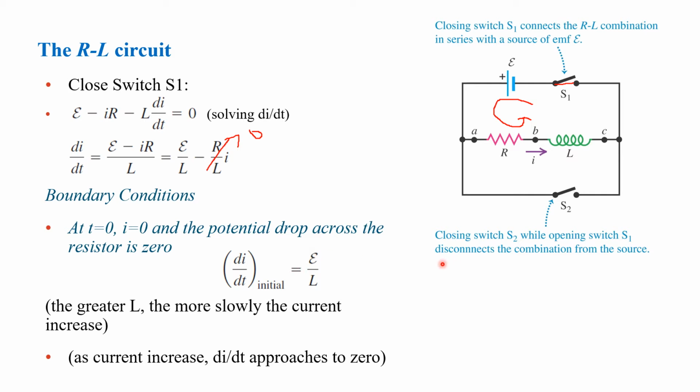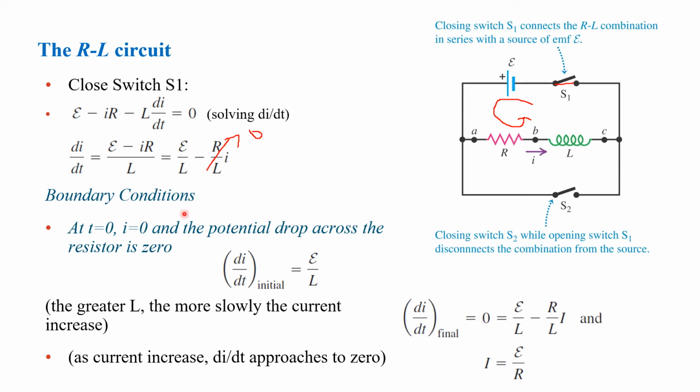And as your current increases, though your inductor opposes the sudden change in your current, what will happen is that there is a gradual change in your current instead of a sudden change. Because your current increases, your dI over dt approaches zero.